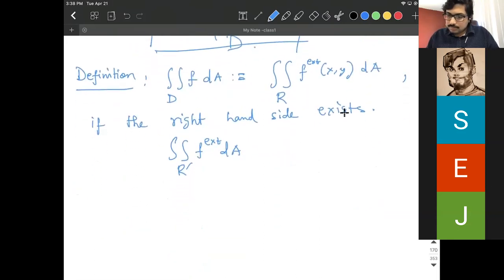And that's the reason we restrict our function. So then we need the following fact.